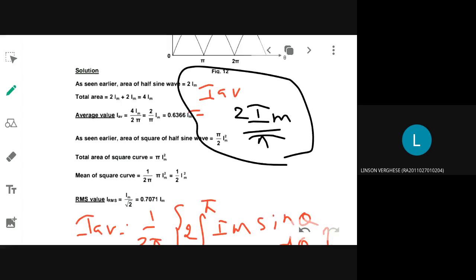Ritesh, Priyam, Om, Tejaswani, all are doing the derivation for RMS. Dhanush, ma'am, IM by 2 root 2, ma'am.